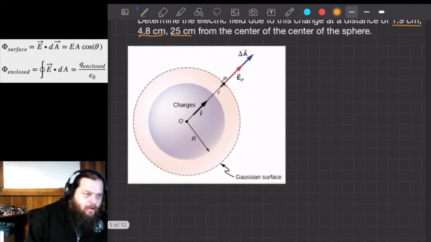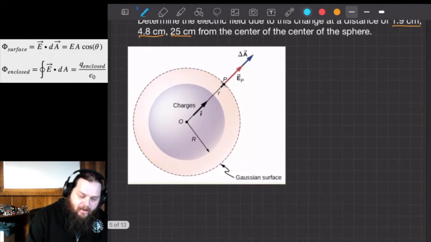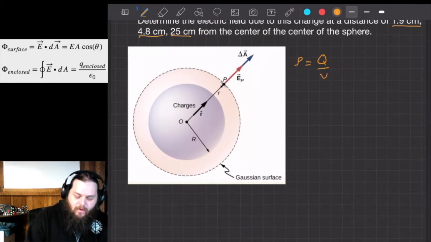We can use the idea, again, of the charge density, like we did for that rod we were looking at. In this case, it's going to be the value rho, which is a 3-dimensional volume density. That's equal to Q over V, which is the charge divided by the volume of this object itself, in this case, a sphere.